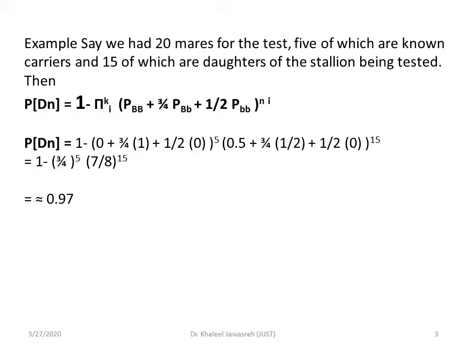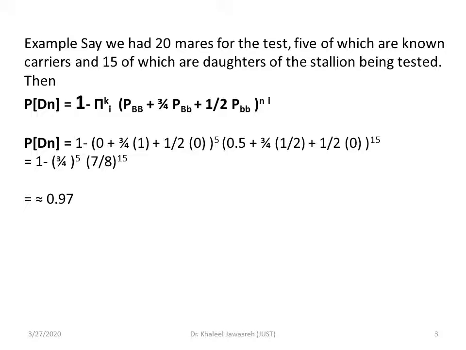By applying this equation for this set of probabilities, since they are non-carriers, the probability of being B capital is 0, the probability of being B small is 0, but the probability of being heterozygous will be 1, so we'll multiply 3/4 by 1 in this case, and the n here will be 5 because we use 5 non-carriers.